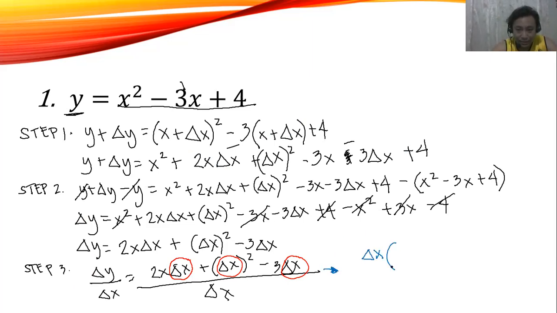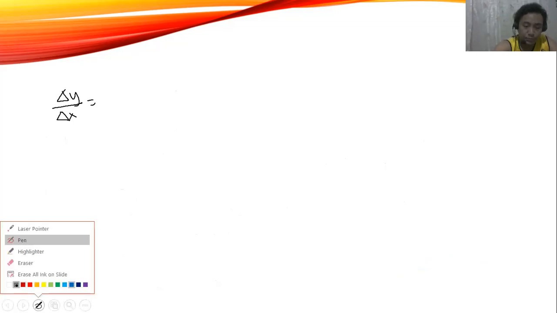Ilalabas natin si delta x, and then 2x delta x divided by delta x is 2x na lang, plus delta x squared divided by delta x is delta x na lang. 3 delta x divided by delta x is equal to negative 3 all over delta x. So now, ito na lang yung nasa right side natin. So yan yung isusulat natin dito.